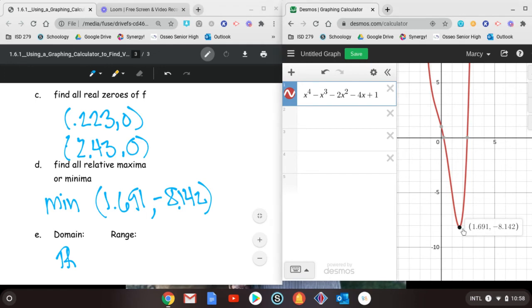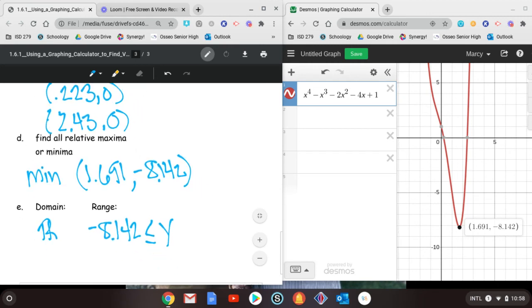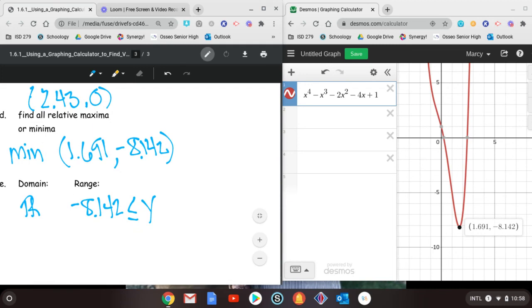Well, beyond this point, you see that your y value is negative 8.142. So my range has to be negative 8.142. And your y values are greater. And it equals that point because it touches it. But it goes up forever.